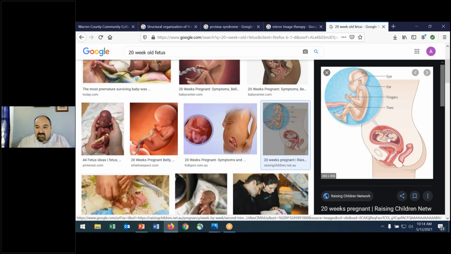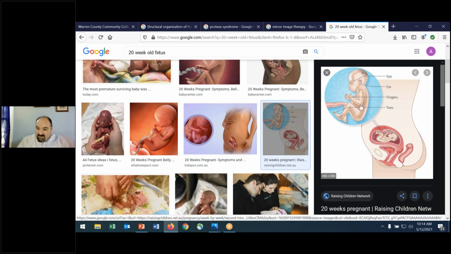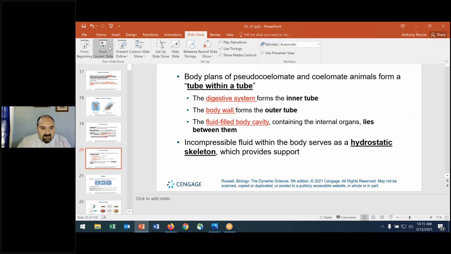Pretty remarkable how even at 20 weeks, look at what's going on as far as development is concerned, looking at the structures and the symmetry that's present, and the continued development will take place as far as the complexity present within the organ structures. Pretty wild stuff, folks. So let's get back to here.